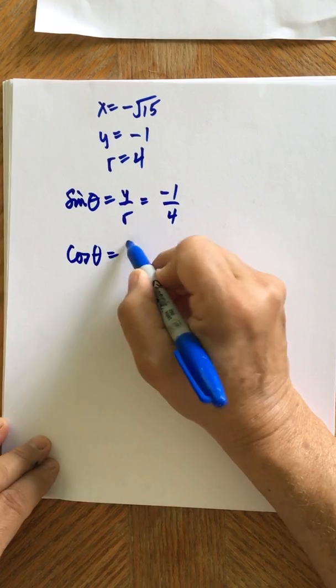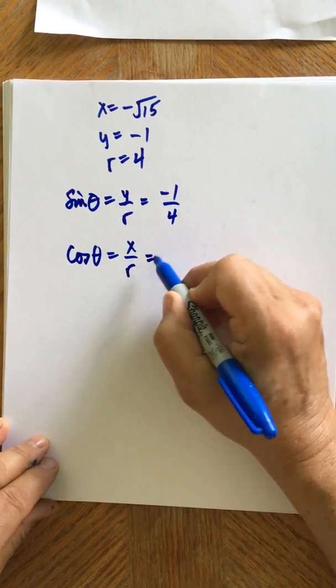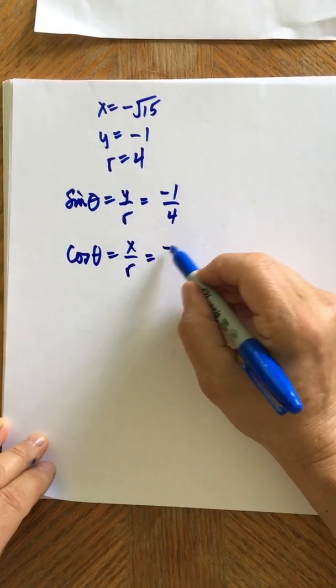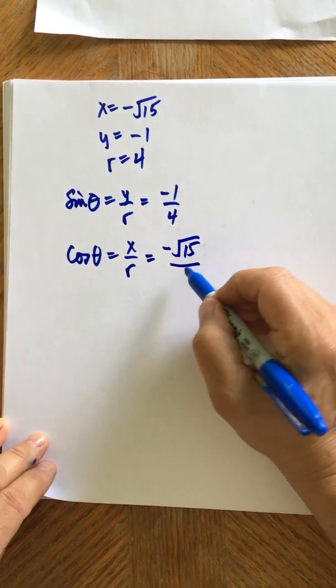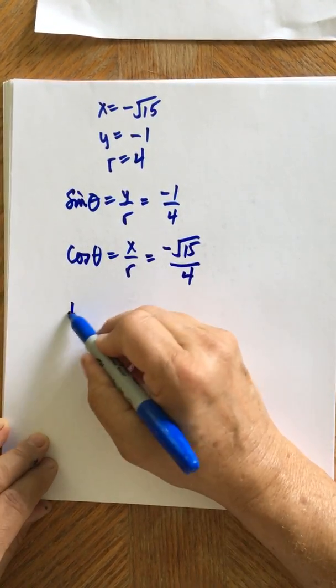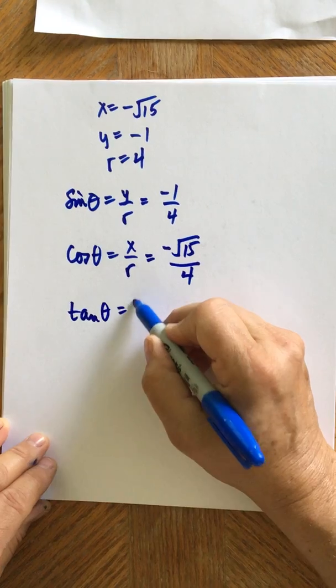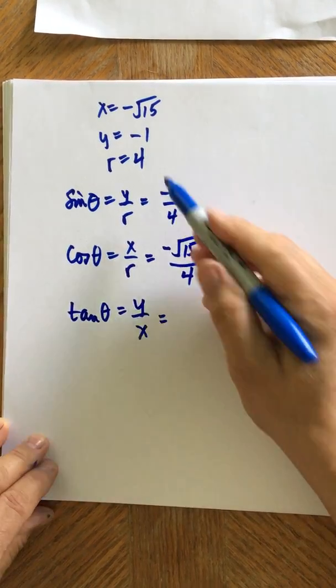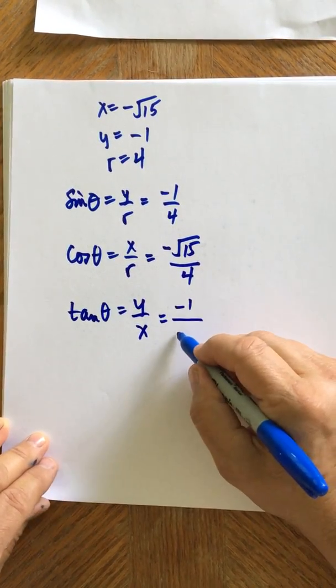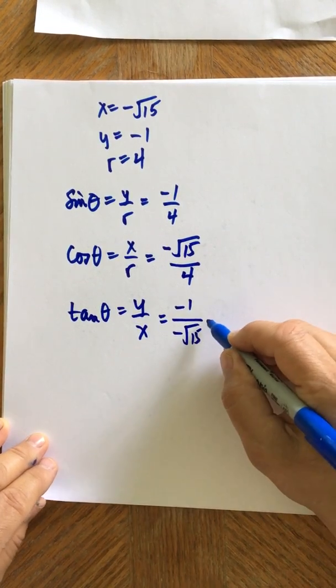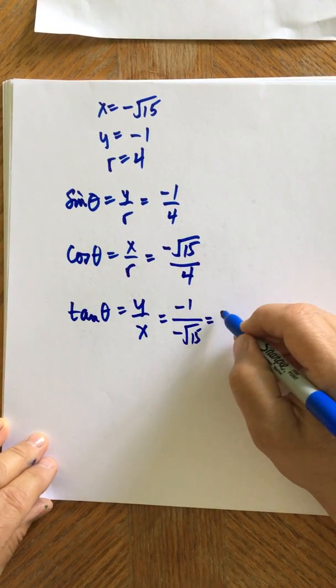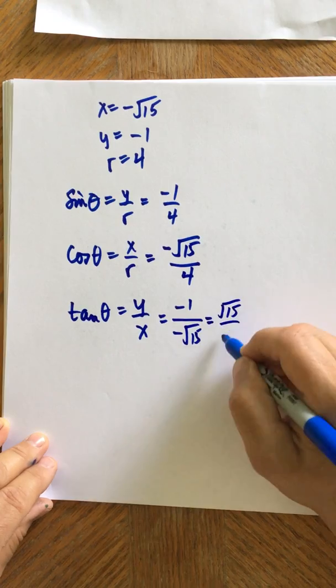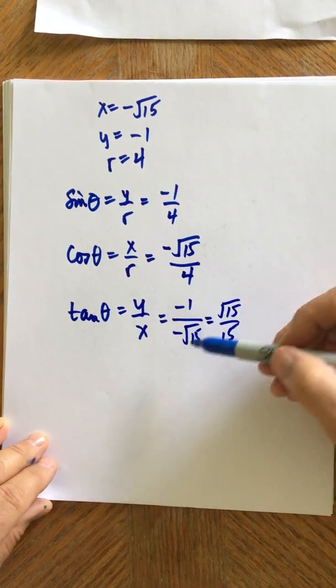Cosine of that angle, x over r, is negative square root 15 over 4. Tangent, y over x, so -1 over negative square root 15, which rationalized is going to be square root 15 over 15, and it'll become positive.